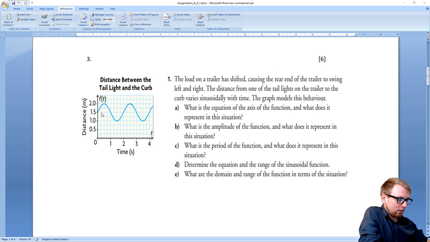One full cycle would be from this point at 0, so it goes up, past, and then back up again. One full cycle would be how far? Well, 1.5 would give you here. That's not one full cycle. Remember, you got to go back to the 0 point.